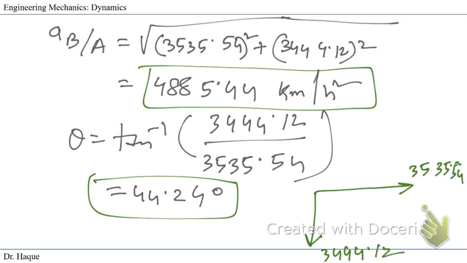Now when we apply trig, we find the angle 44.24. So we do not need to put a negative in the equation here. We just show that the direction is in this direction, and the angle is 44.24. So this is our relative acceleration. So we have solved the problem.